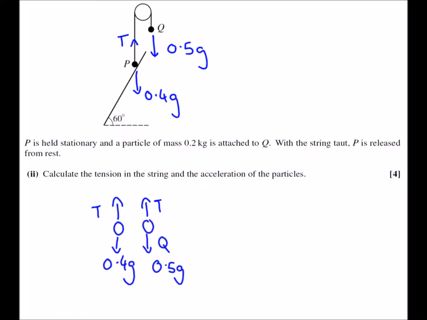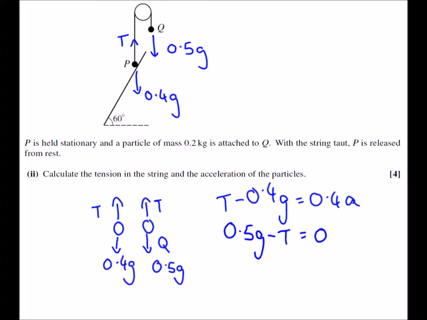So I'm going to end up saying T minus 0.4 G is equal to the mass times the acceleration, so 0.4 times A, because it's not in equilibrium. And when I look at Q, I'm going to get 0.5 G minus T, and that's going to be equal to 0.5 A.